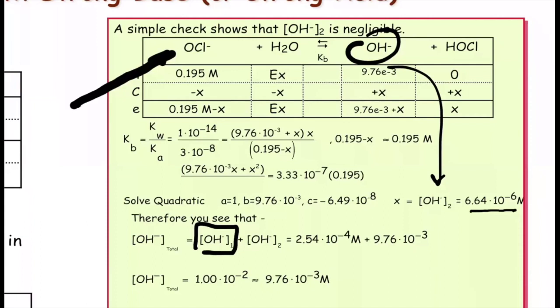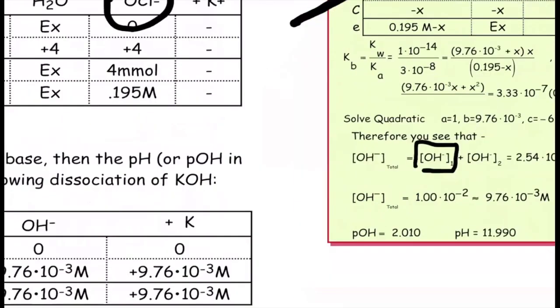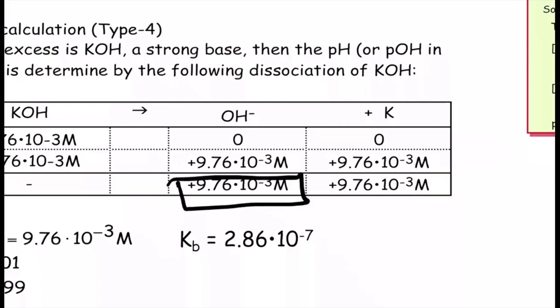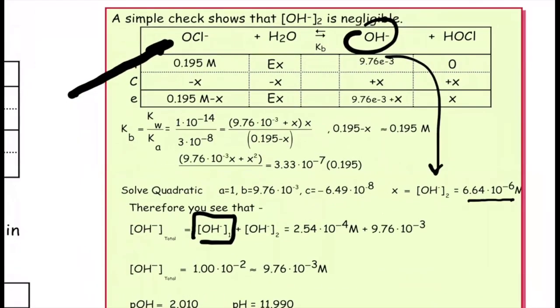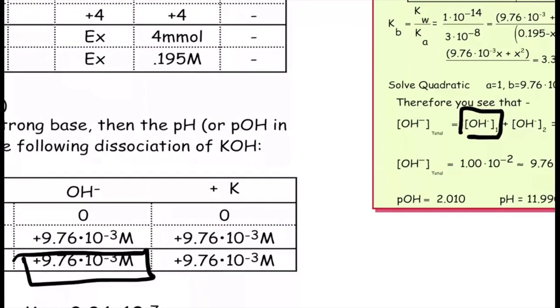What happens is that if you add our original hydroxide, 9.76 times 10 to the minus 3, and we add it to this second one, see how much smaller this is? Many orders of magnitude. So we could ignore this, and we can just say that our total hydroxide comes from this excess right there.